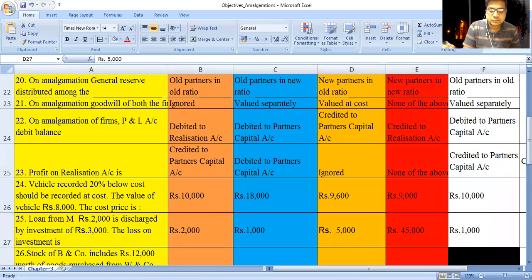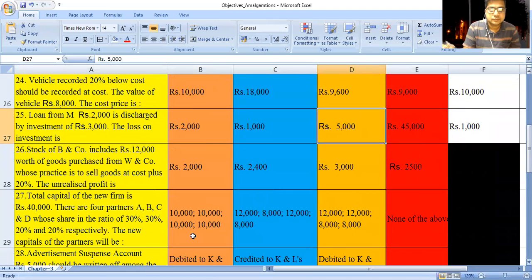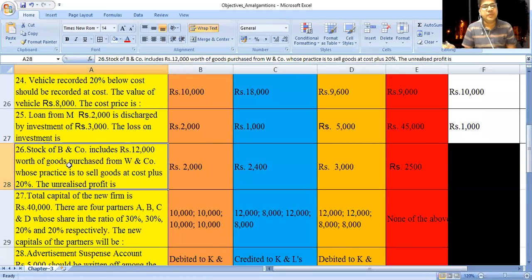Now next. Stock of B and Company includes rupees 12,000 worth of goods purchased from W and Company, whose practice is to sell goods at cost plus 20%. The unrealized profit is?